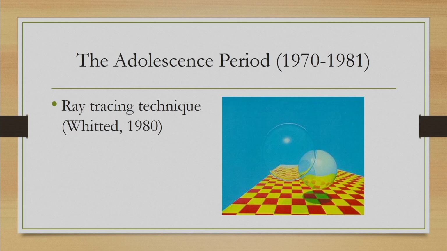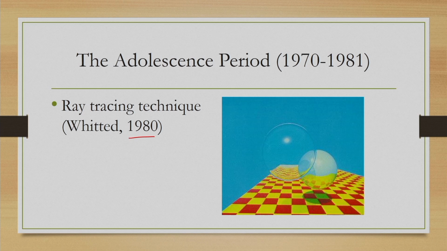Also, another development took place, which is an advanced technique of creating 3D images, called ray tracing, and the first notable development took place in the 1980s in the adolescence period.